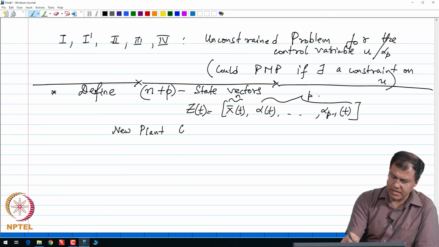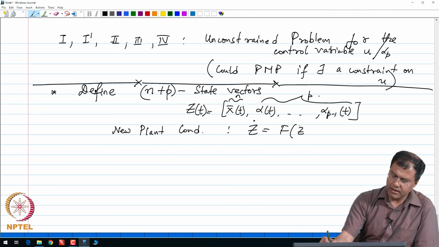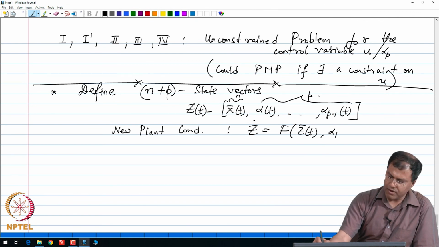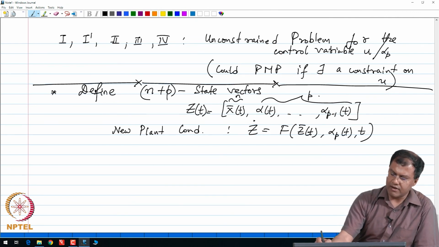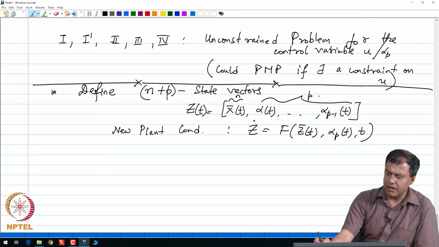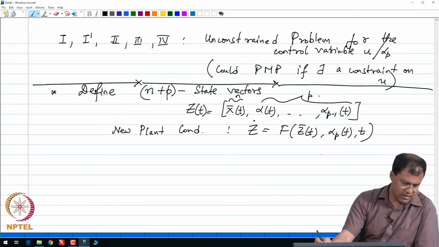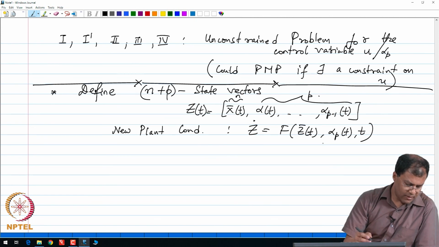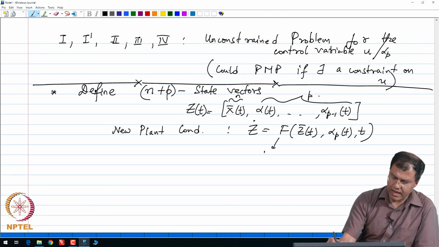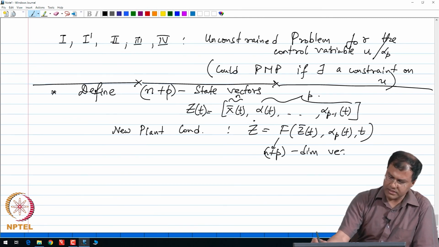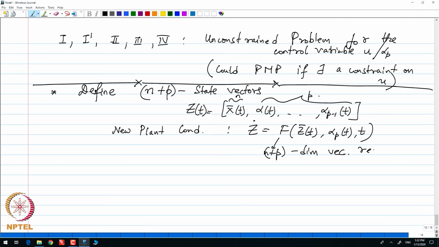So, I am rewriting the entire problem in an n plus p dimensional state vector formulation. So, my new plant condition is z dot is equal to f of z of t, comma alpha p of t, comma t. Notice that I am very conveniently replacing my control function with alpha p, because the pth equation will yield my control, where f is an n plus p dimensional vector representing the RHS of my condition 4, right.